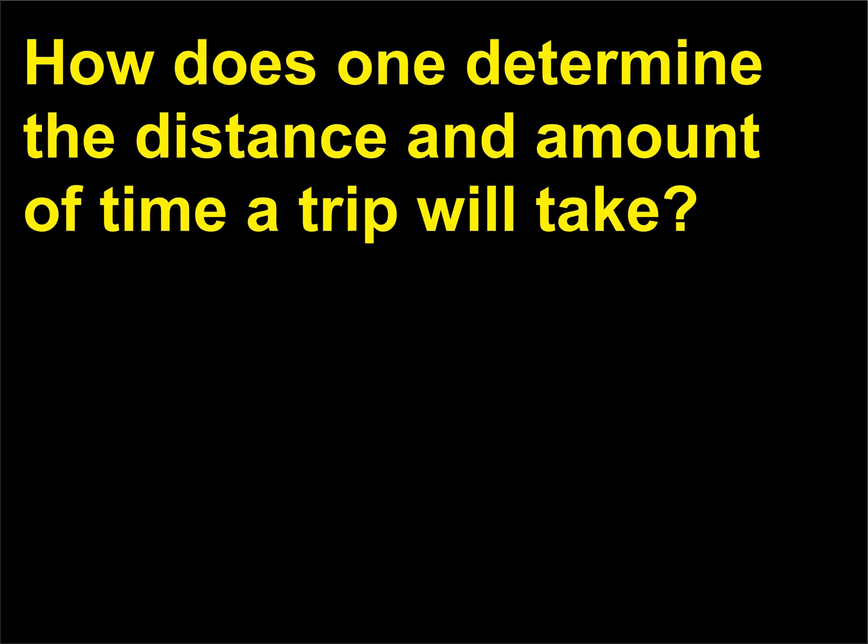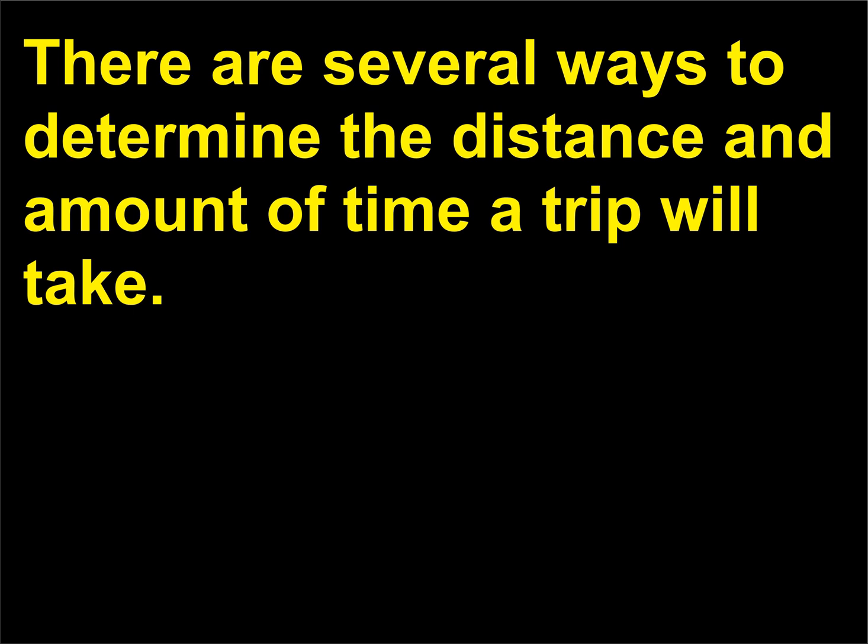How does one determine the distance and amount of time a trip will take? There are several ways to determine the distance and amount of time a trip will take.